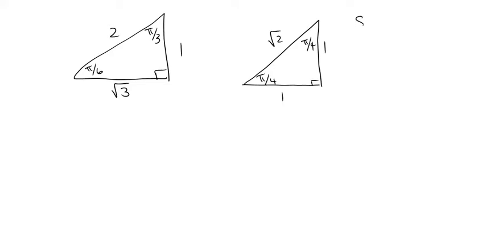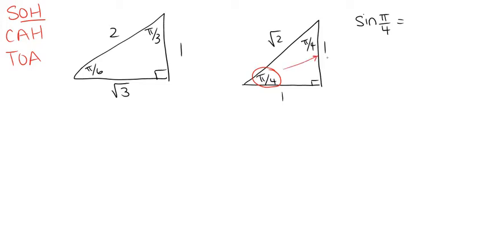So if we wanted to find, for example, what's the sine of pi over 4? Okay, so we pick our angle, pi over 4, and then we just use our knowledge of our trig ratios, sine, cos, and tan. So sine is equal to opposite over hypotenuse.